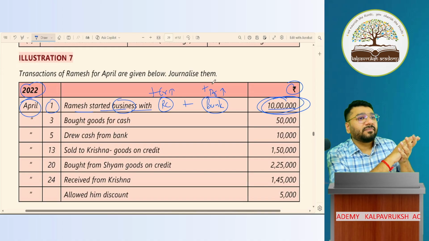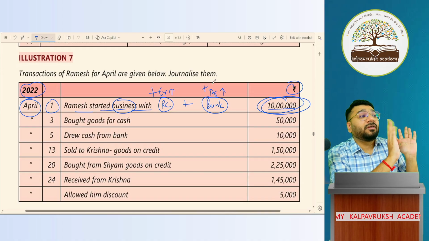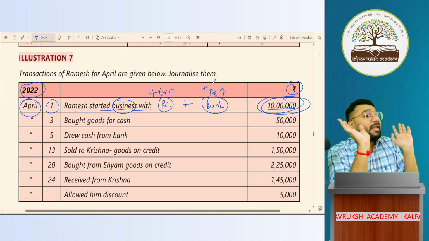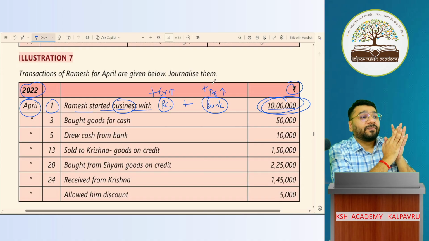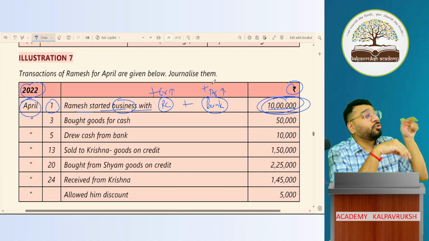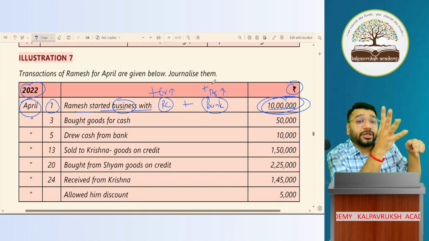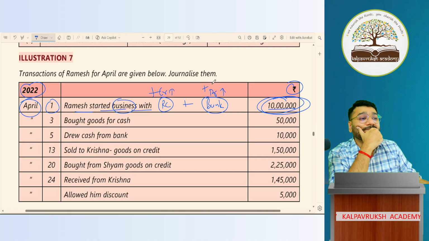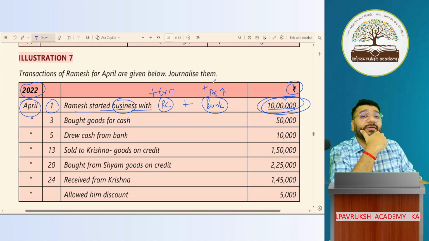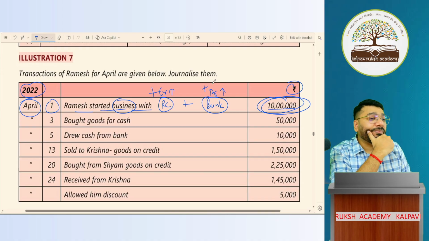See this person, he has not even put any format for journal. No particulars, no debit, no credit. He just wrote the journal entry, full marks they gave. Another one, this student has done debit credit, narration not written, still marks given. Now, people looking at that try to do the same thing in the exam.